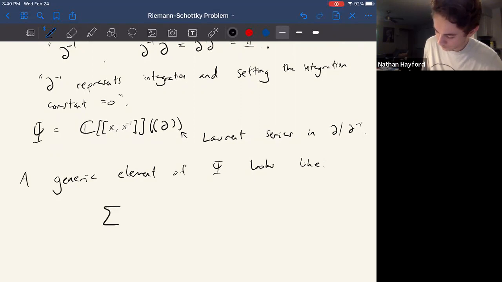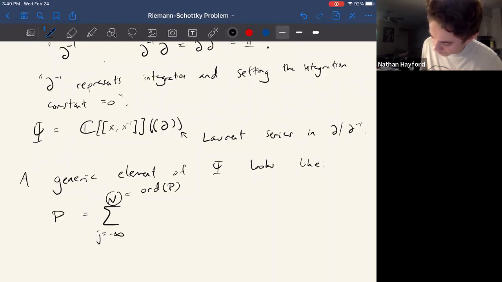It's going to be the sum, j equals minus infinity to n, and n is called the order of this object P. I'll write a_j of x and t, and then D to the j, is how I wrote it here.